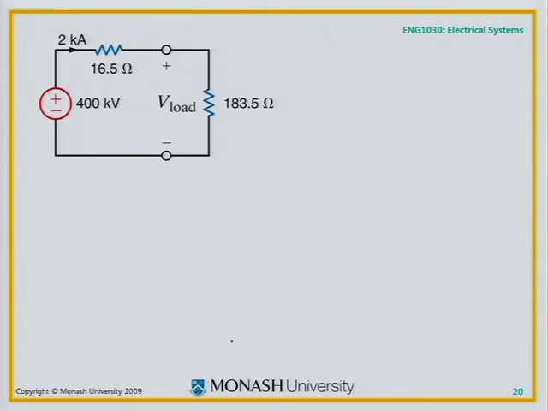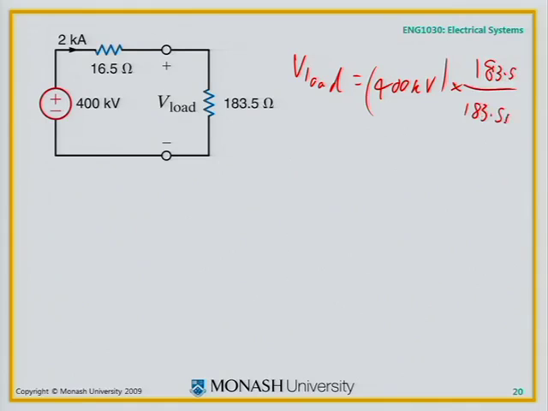Now, we've just done voltage division. If you really want to, you could work out what V load is. You could say V load is 400 kilovolts by 183.5 on 183.5 plus 16.5.